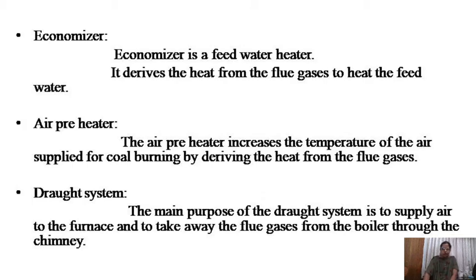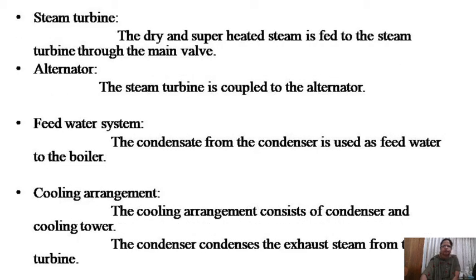Next one is the steam turbine. The dry and superheated steam is fed to the steam turbine through the main valve. The heat energy of the steam when passing over the blade of the turbine is converted into mechanical energy.